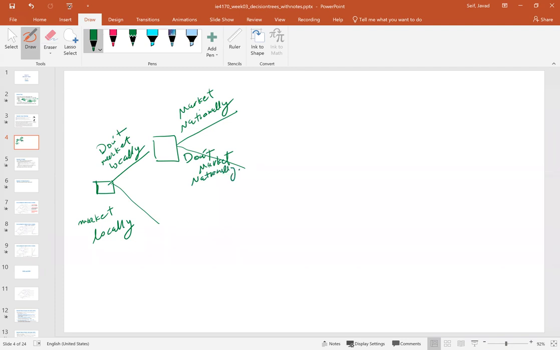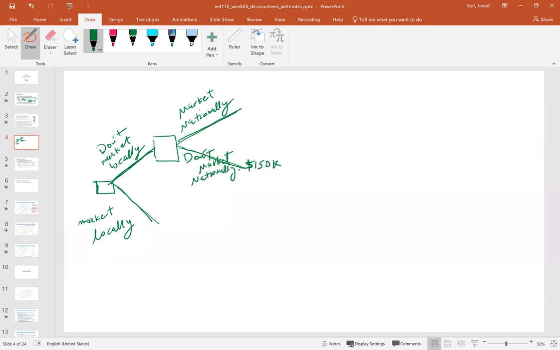So these are my three main alternatives: market it locally, market it nationally, and don't market it. And if I don't market it, nothing happens after this. Nothing happens to my asset position, which is $150,000. I still keep that. I didn't spend money on anything.